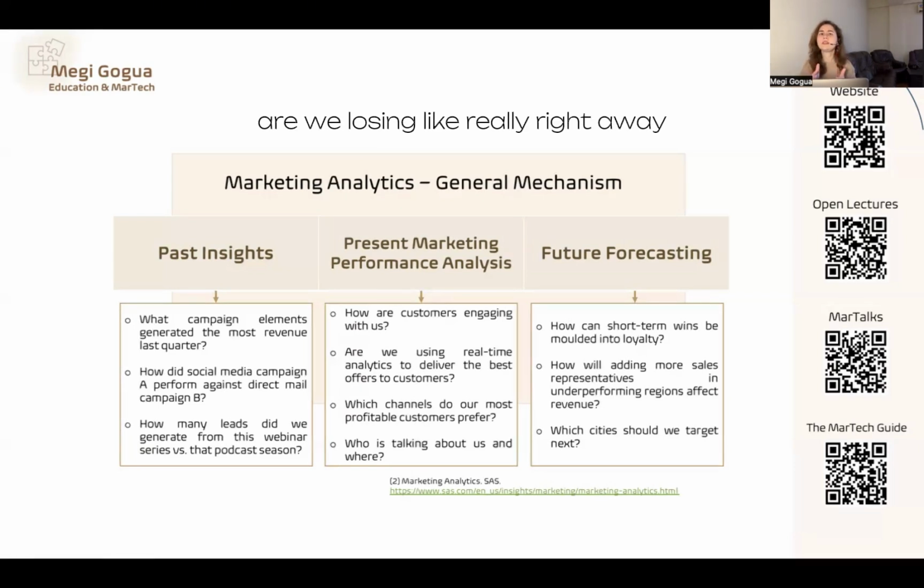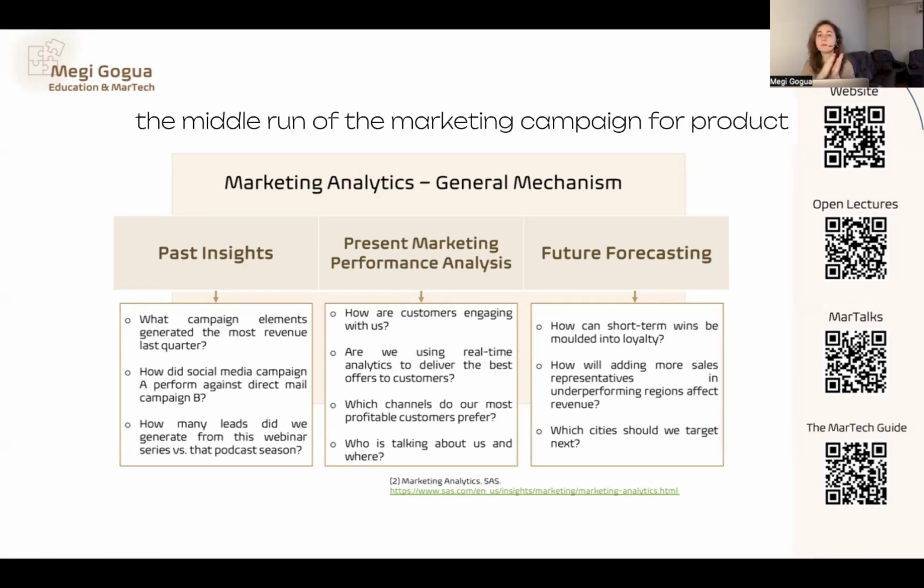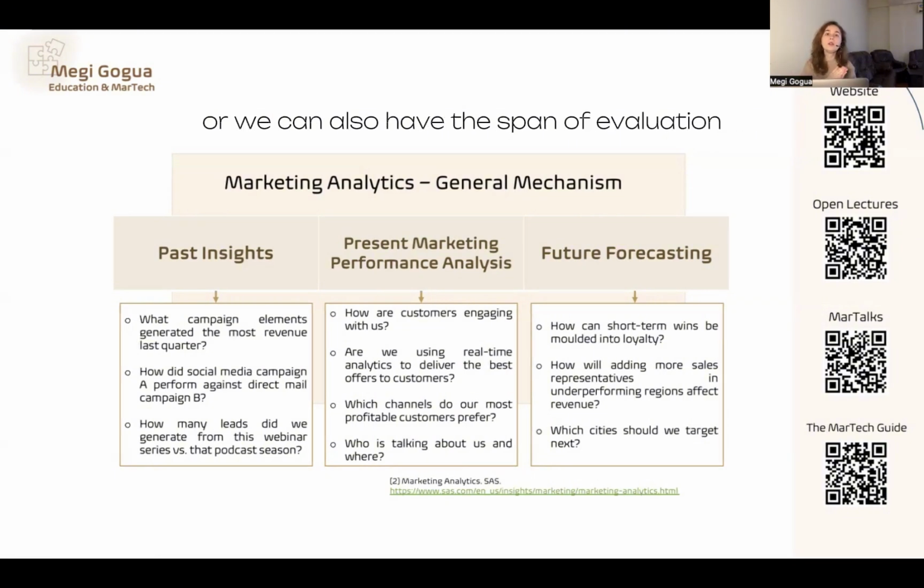Are we losing right away, or is there some evidence for us to consider that we are actually doing something more or less profitable, before we get to this short span of an advertising campaign, or the middle run of the marketing campaign for a product, or we can also have this span of evaluation for a longer period of time, depending on the data frames that you have.